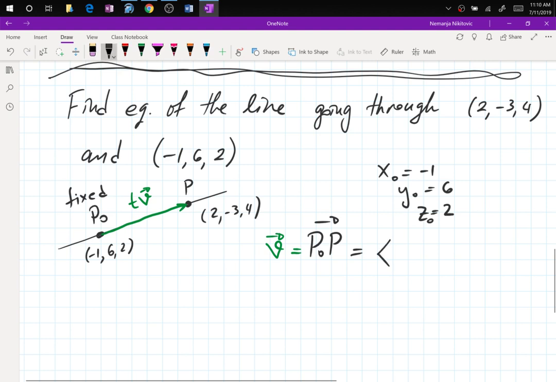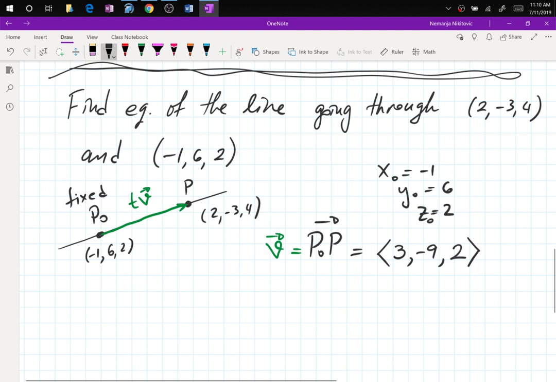So this vector is 2 minus -1 is 3, -3 minus 6 is -9, 4 minus 2 is 2. That was our first lesson of vectors. When you have 2 points, to stretch a vector between 2 points is terminal minus initial.